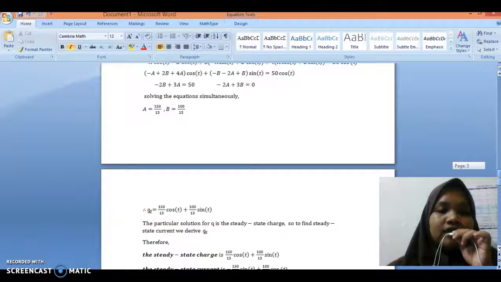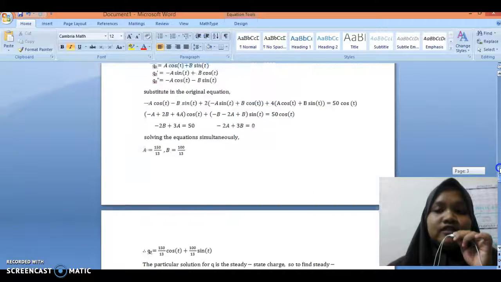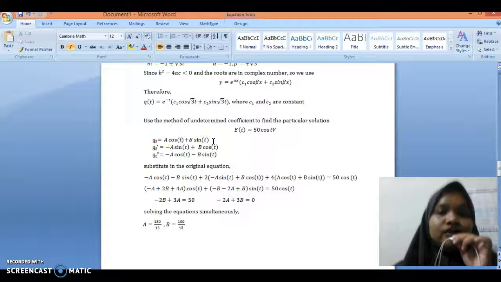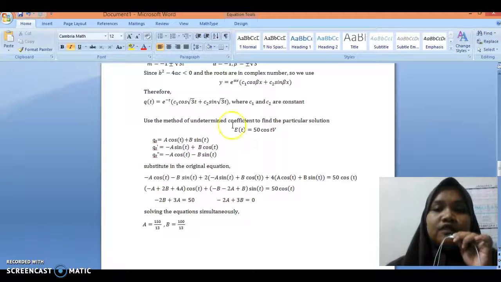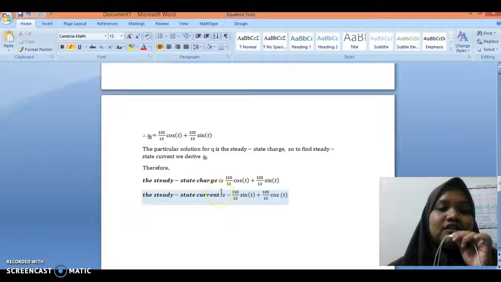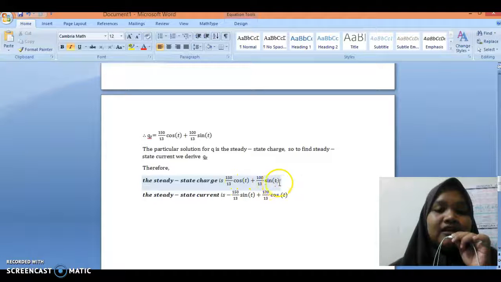After that you put it back in the first equation, since you want to find the steady state charge. So you get the steady state charge is 150 over 13 cos t plus 100 over 13 sin t.